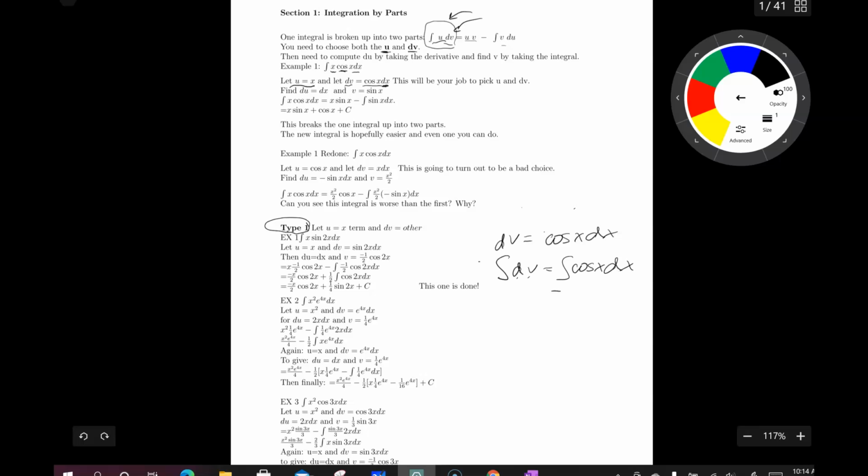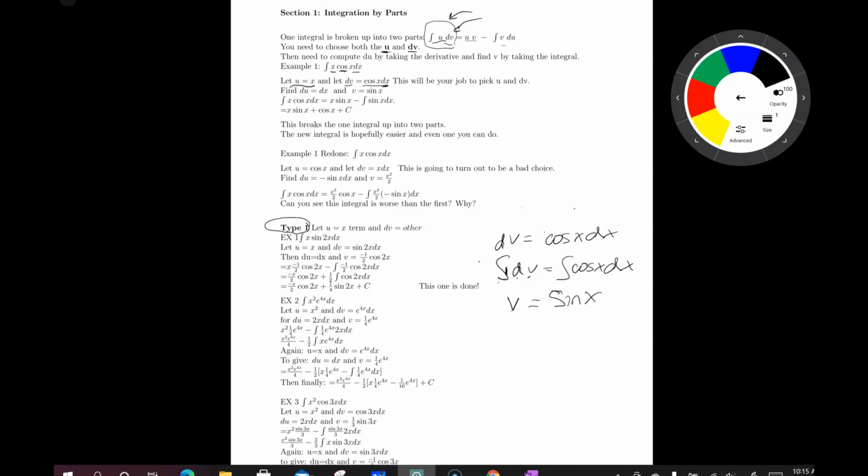The antiderivative of 1 dv is v. The antiderivative of cosine of x is just sine of x. I really do have a plus c, but I'm going to save the plus c for the very, very end. So the antiderivative of dv is v, and the antiderivative of cosine is sine.